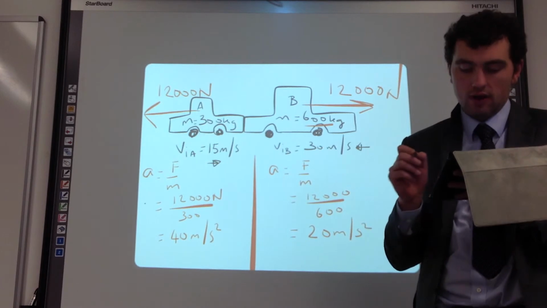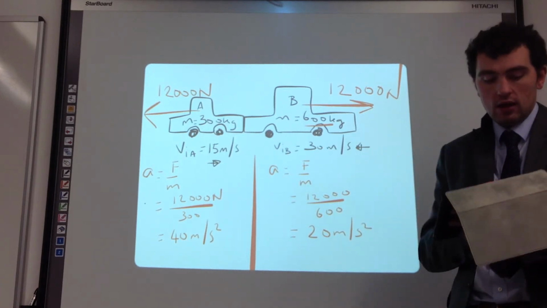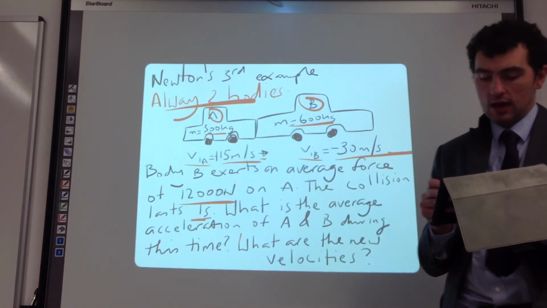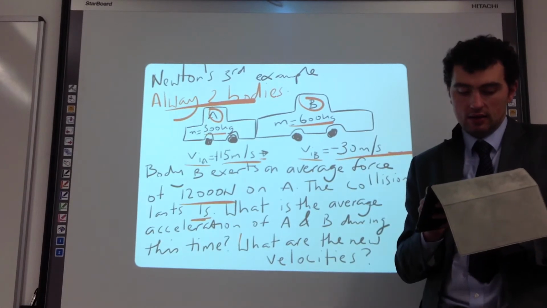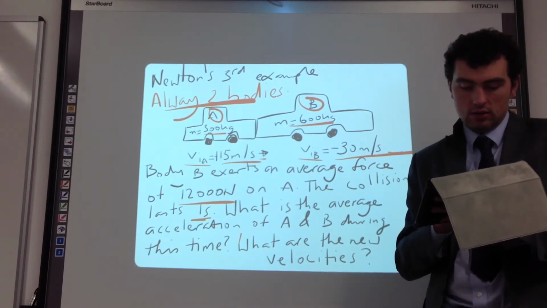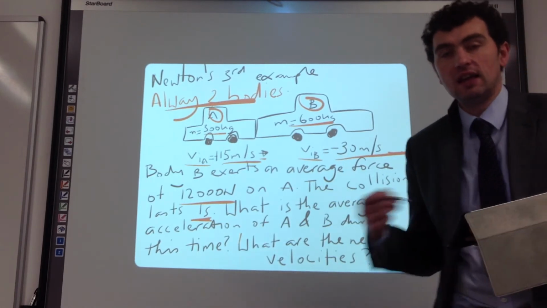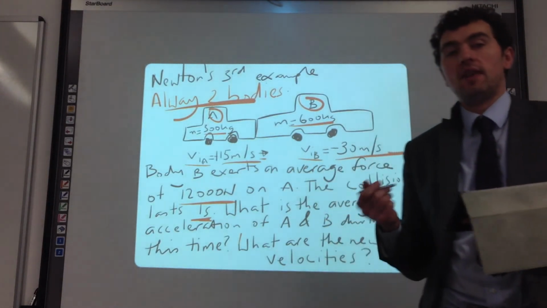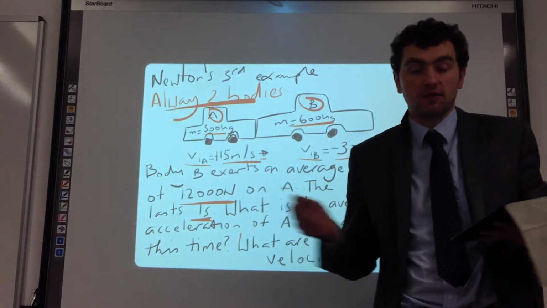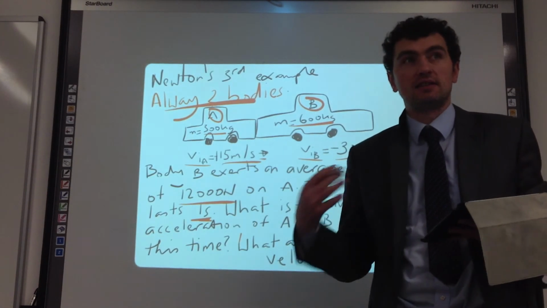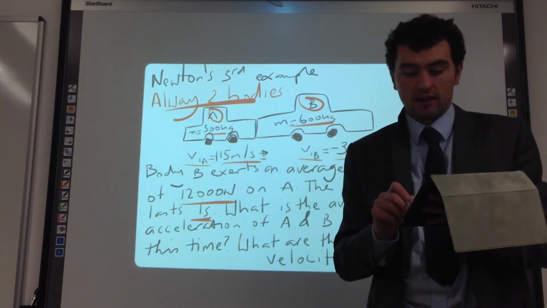So, in the question, we said that the collision lasts for 1 second. So if the collision lasts for 1 second, that means the forces exist for 1 second, and that means the accelerations exist for 1 second.